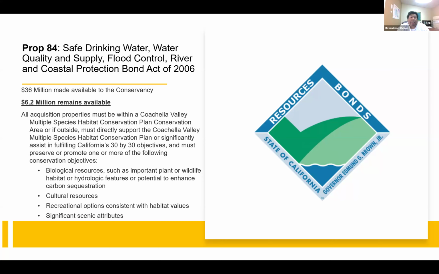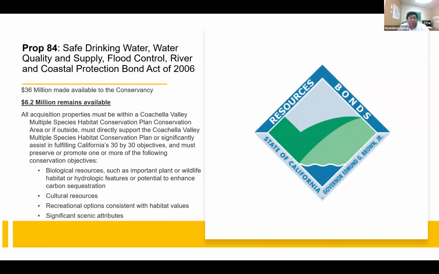And if it's outside, it must directly support the Coachella Valley Multi-Species Habitat Conservation Plan, and/or help fulfill California's 30 by 30, which is a global effort, but in California's executive order in 2022, commits to conserving 30% of California's lands and coastal waters by 2030 as part of the broader effort to fight climate change, protect biodiversity, and expand access to nature for all Californians.